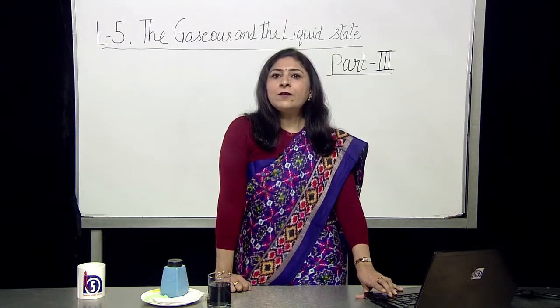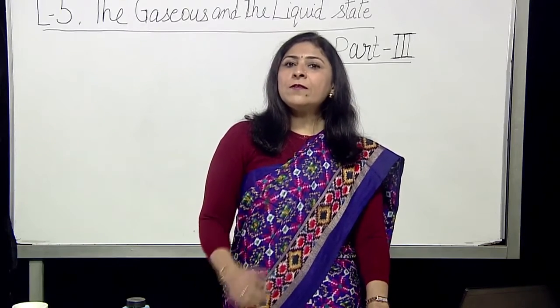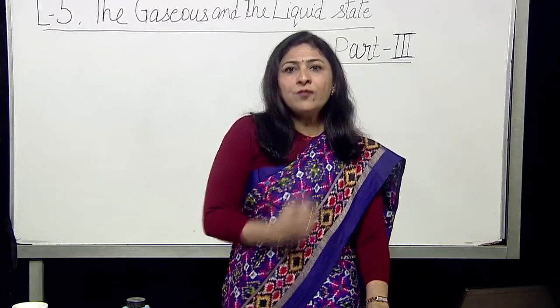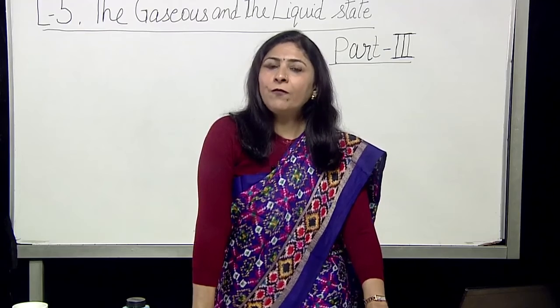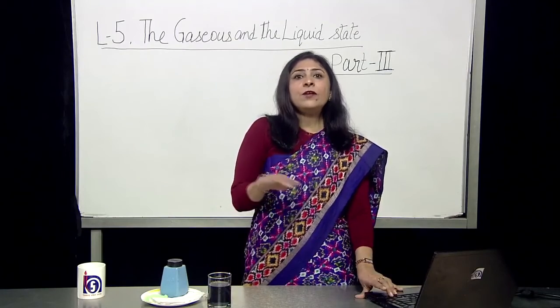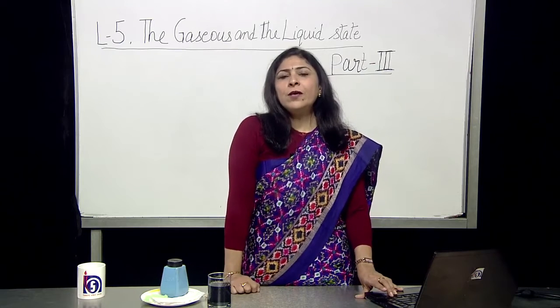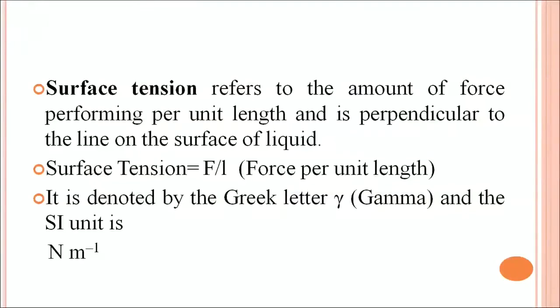As a result, the surface behaves as if it were under tension, because the surface is getting pulled inward, as the net force is not 0 here. We can say tension is developed over there. So, as it is developed on the surface of the water, the name given is surface tension. So, what exactly is surface tension?